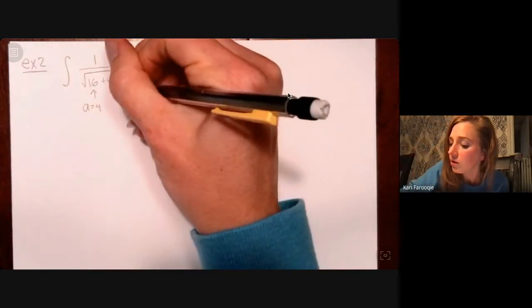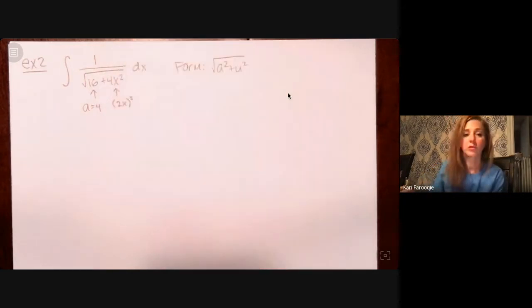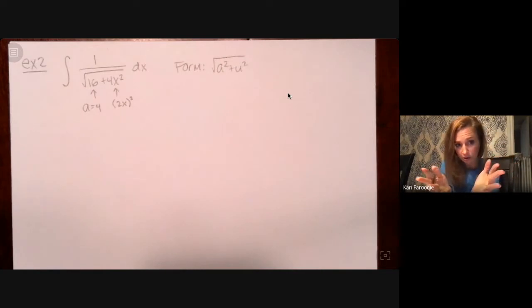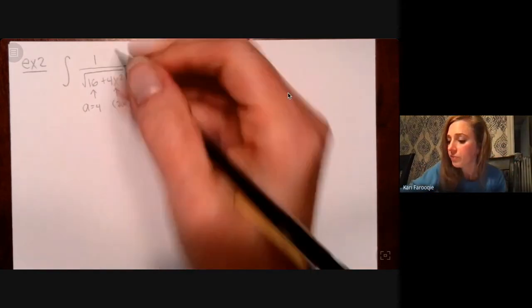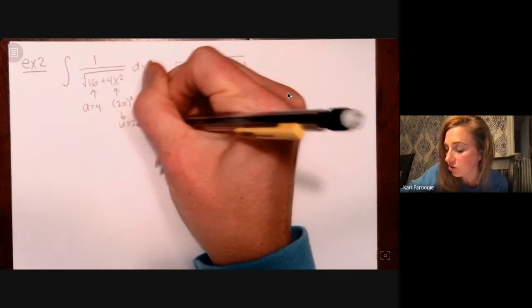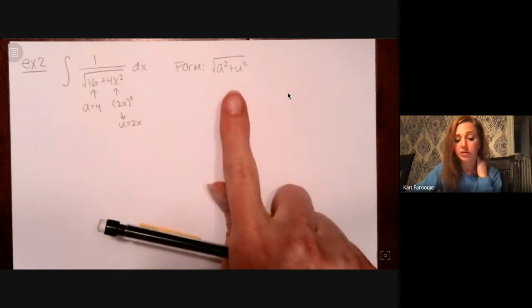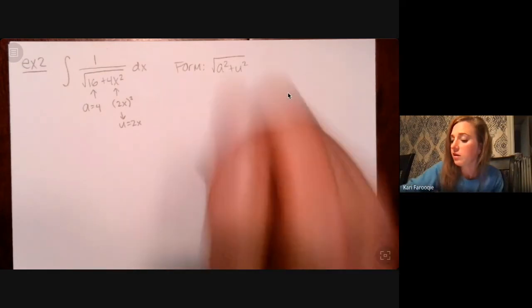And we can rewrite 4x squared as the quantity 2x squared, because remember, we need that whole quantity to be squared in order to say that we have u squared. And that means that u is actually going to be equal to 2x in this case. And that happens sometimes, no big deal. Okay, so remember that when we are in this form, we're going to let u be a tan theta.